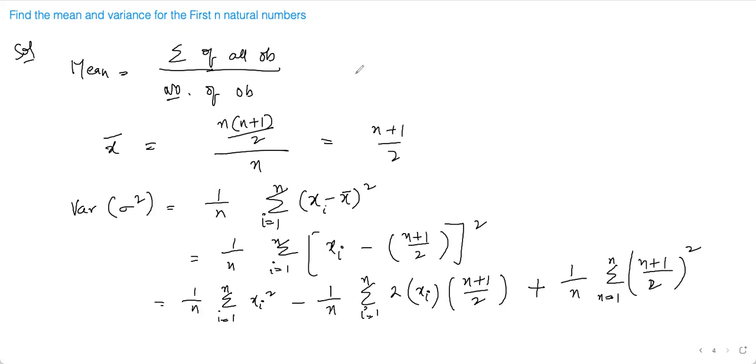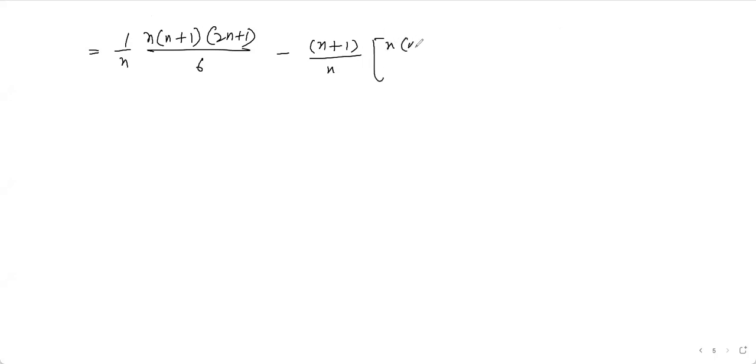Further, this would be 1 by n into n into n plus 1 and 2n plus 1 divided by 6, minus n plus 1 by n multiplied into n plus 1 by 2, plus n plus 1 whole square by 4n into n.